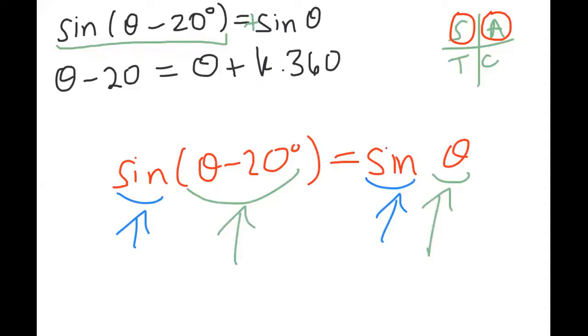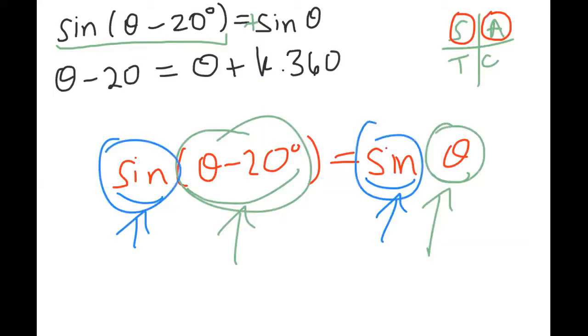So whatever is in the green bracket over here will equal that, because the sine and sine are the same. That's why I have this theta minus 20 equal to theta, and never forget this part here on the right. So that is another thing we can do.